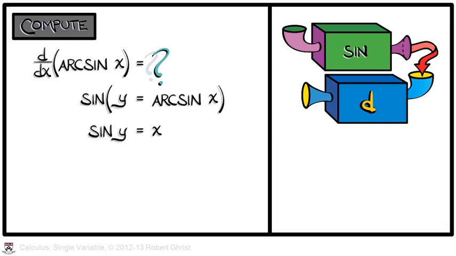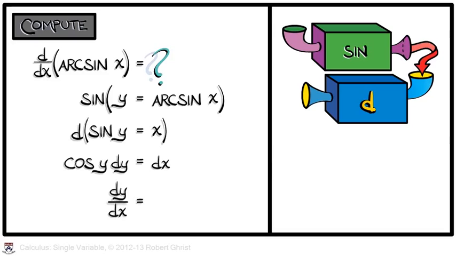Well, on the left, sine of y. On the right, because arcsine is the inverse of sine, we obtain simply x. And now, because we know the derivative of sine, this is going to be pretty easy. We get cosine of y dy equals dx. And manipulating to obtain dy/dx, we get 1 over the cosine of y.